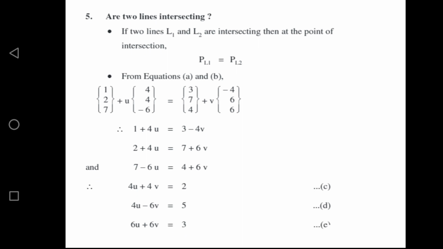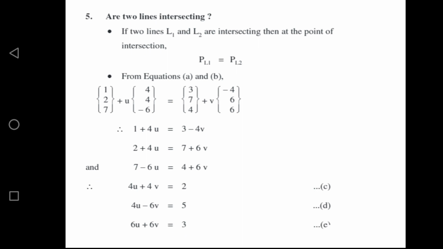If two lines L1 and L2 are intersecting, then at the point of intersection, the parametric equation of line 1 and the parametric equation of line 2 are equal, whatever the equations of the lines.